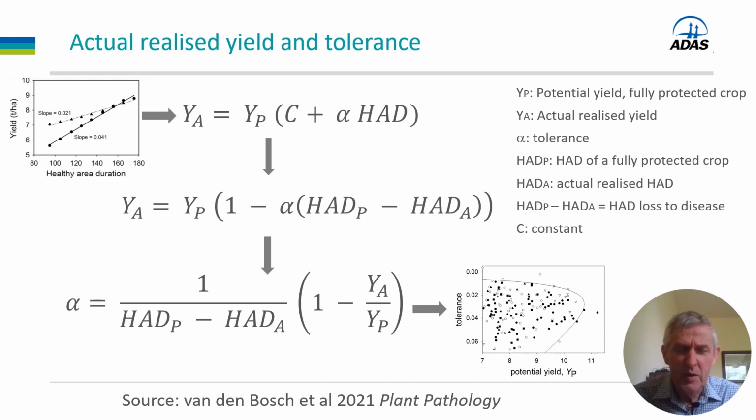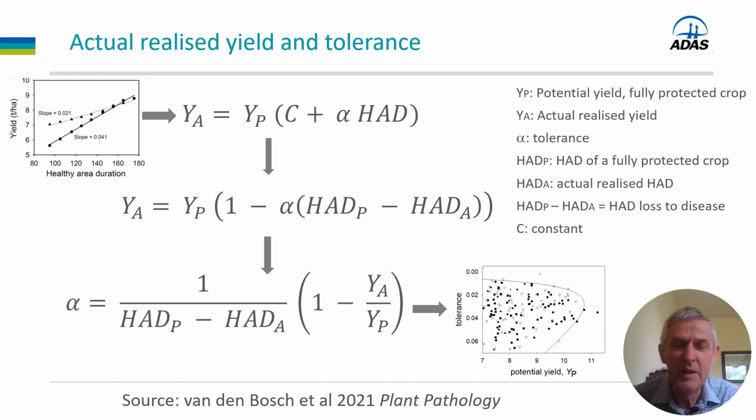This is just one slide, for those of you who enjoy an equation, by way of explaining how we address that question. We start at the top with the first diagram that we looked at, which was the hypothetical straight line diagram of healthy area duration and its impact on yield, and the slope representing the tolerance of two hypothetical varieties.